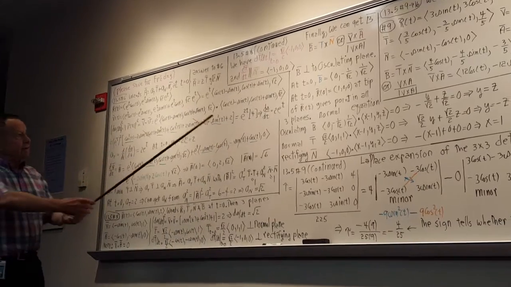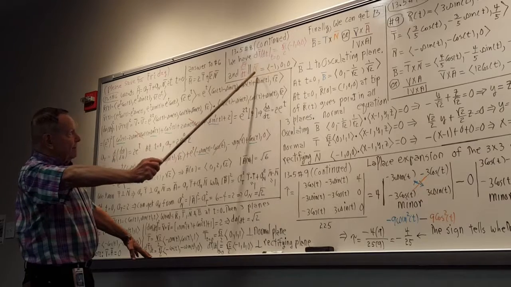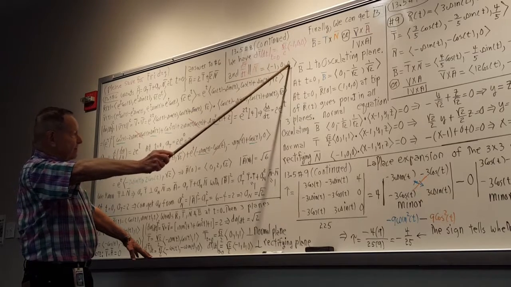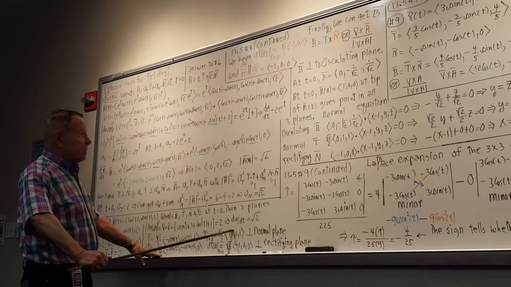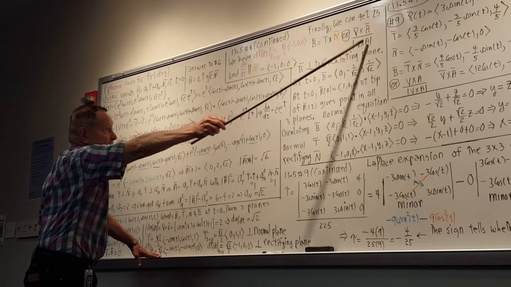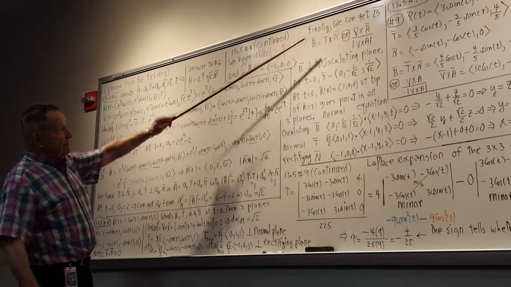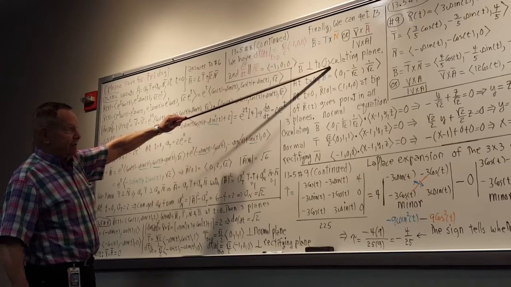And then you can take the cross product at time 0 from the n that you have here and the t that you have back here. Or you could take v cross a over its magnitude to get a unit normal for your osculating plane.